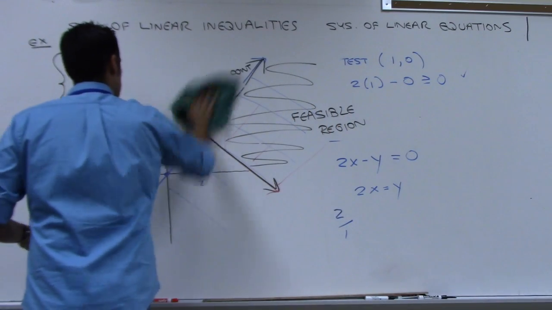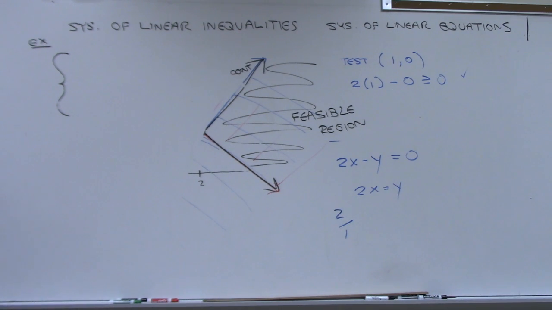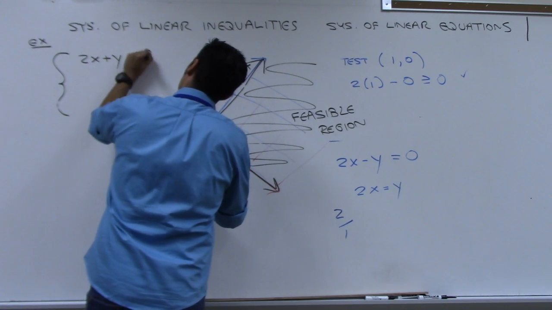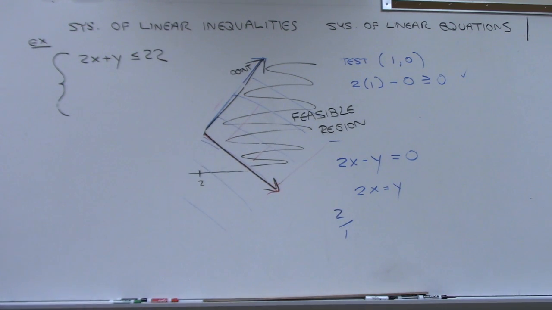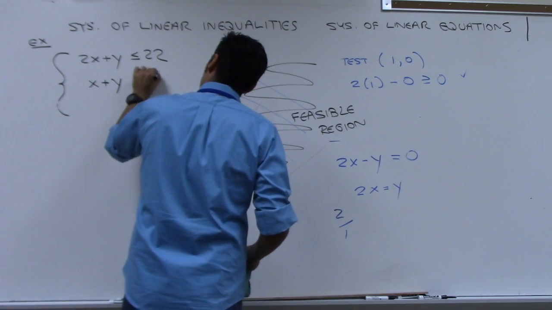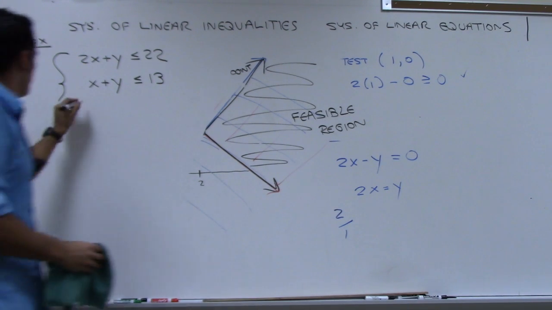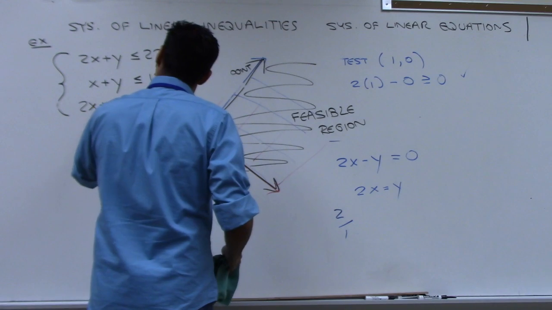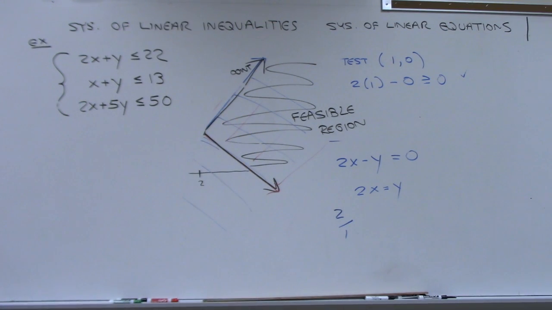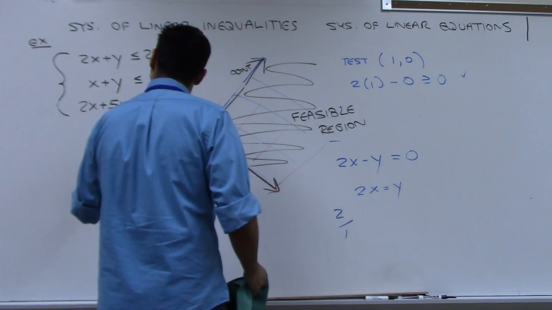System of linear inequalities. Let's find the feasible region for 2x plus y is less than or equal to 22, x plus y less than or equal to 13, 2x plus 5y less than or equal to 50, and x greater than or equal to 0, y greater than or equal to 0.